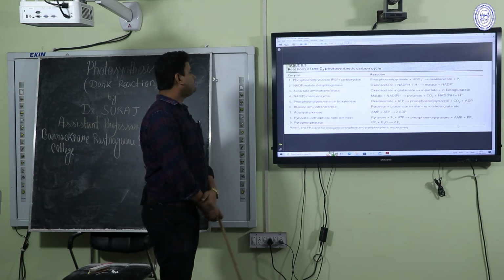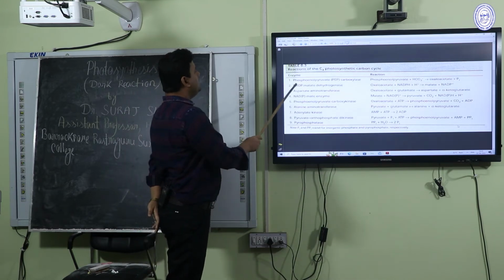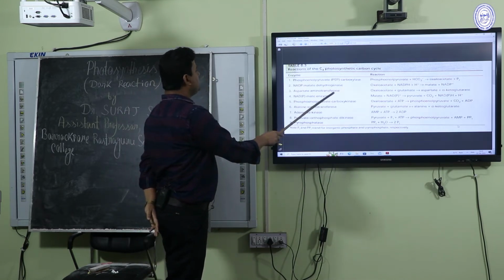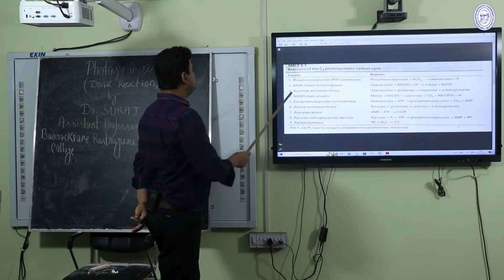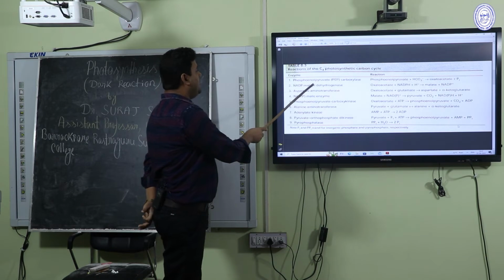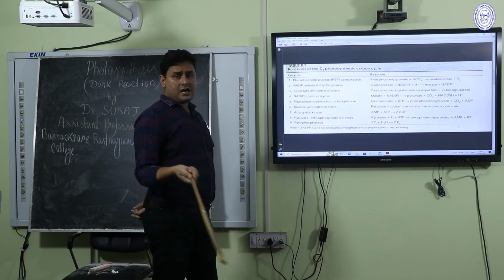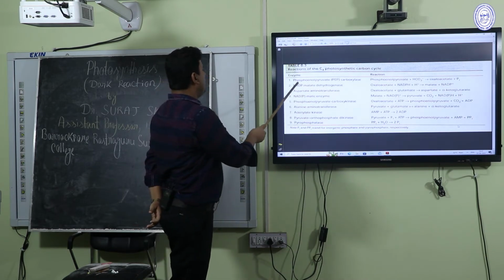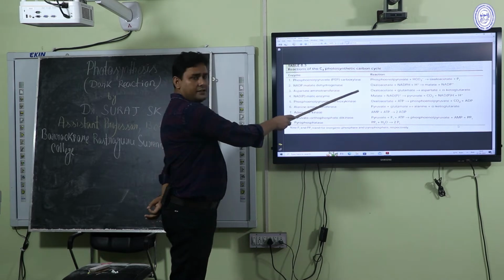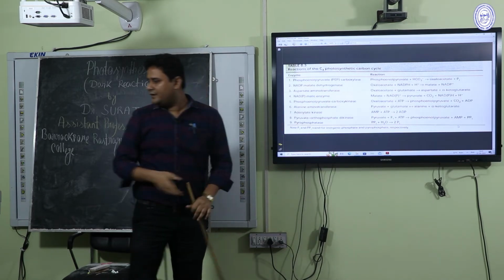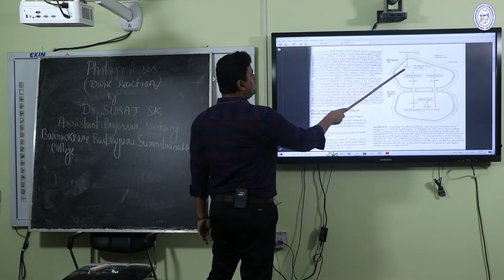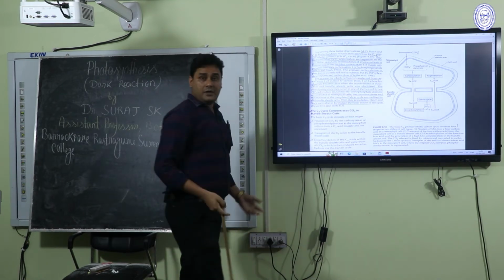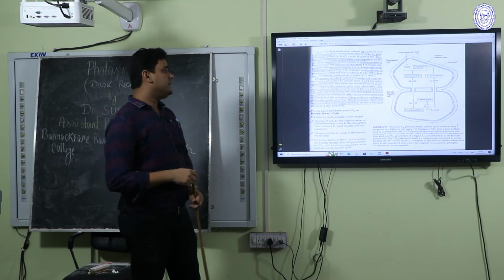Actually, these are the enzymes which are involved in the reaction. In the first reaction, that is the carboxylation reaction, phosphoenol pyruvate carboxylase is involved.